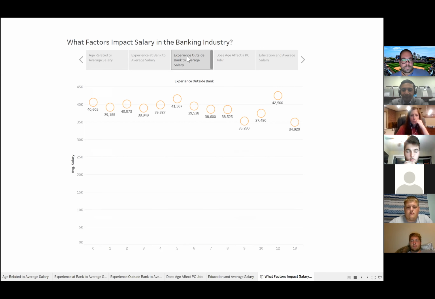Here we wanted to see if the average salary of people working outside the bank was actually higher or lower, and we saw that depending on the number of years of experience outside of the bank, the salary was higher for people who had a higher number of years of experience outside of the bank.